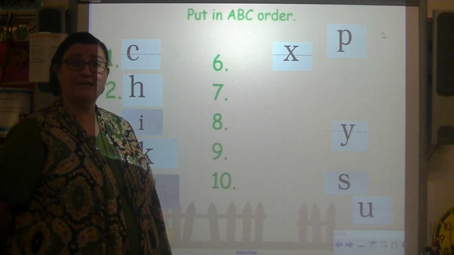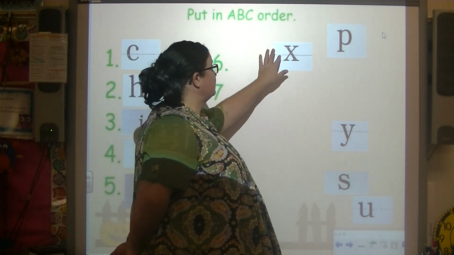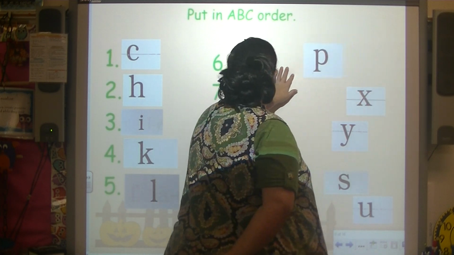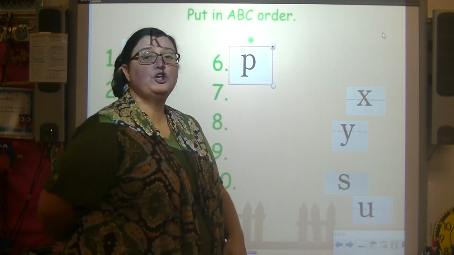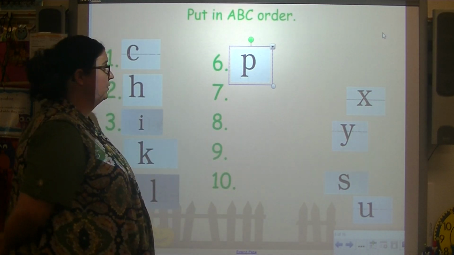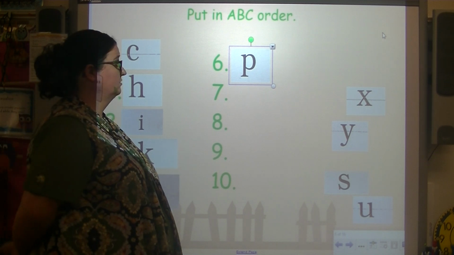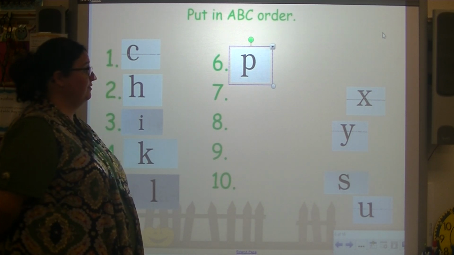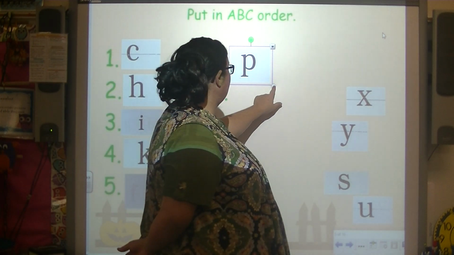No. P. Do we have the letter P? Yes. There it is. Right after P is Q. Do we have a Q? No. What about R? No. S? Yes, we have an S.